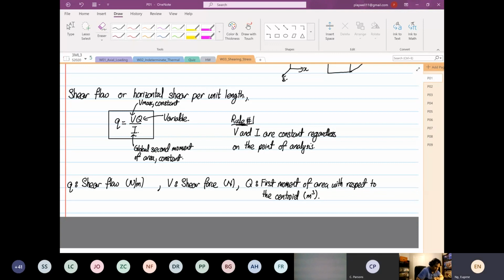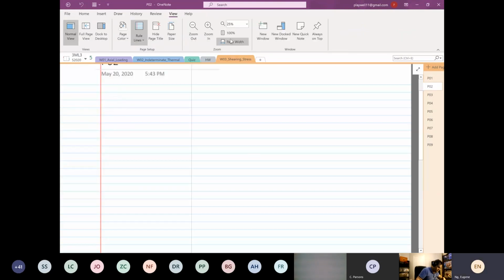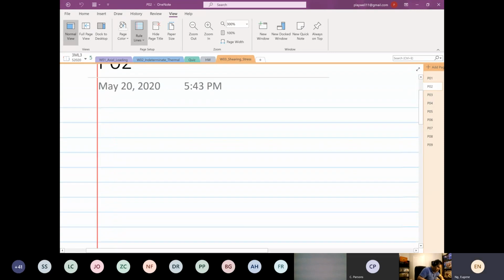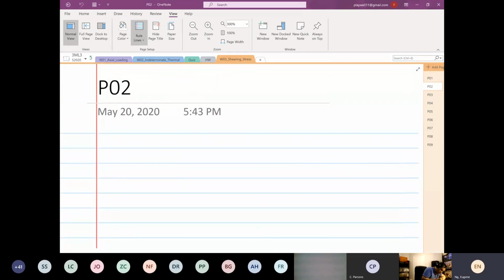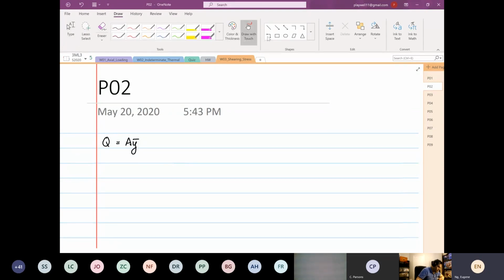Okay. So the next thing that we're going to look at is Q. So Q, the first moment of area, is equal to A y bar. So this formula is also very important.